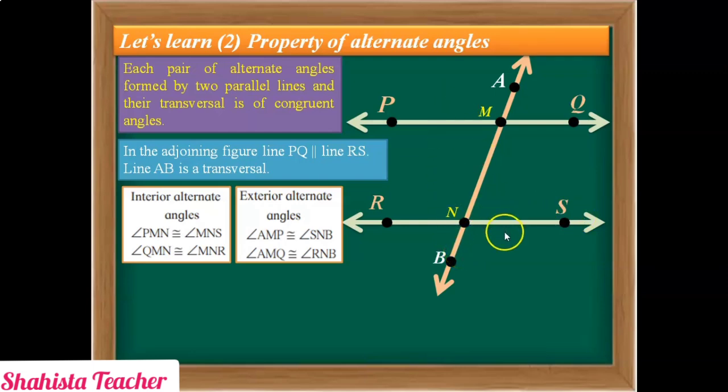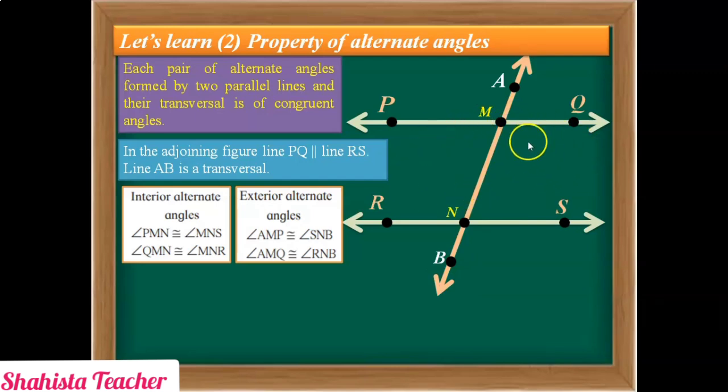So they both are congruent. Opposite side, opposite direction, and they are external. Here AMQ is congruent with RNB. The above side and the below side are exterior alternate angles, and this is the internal part.